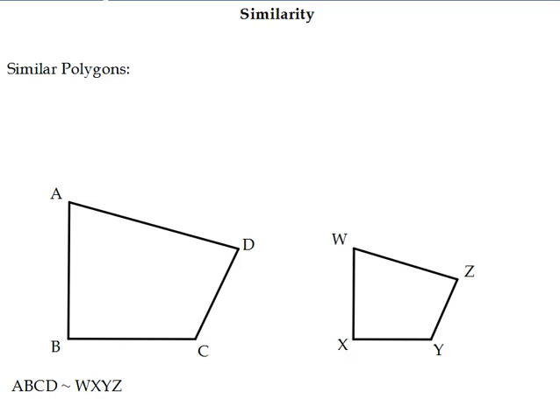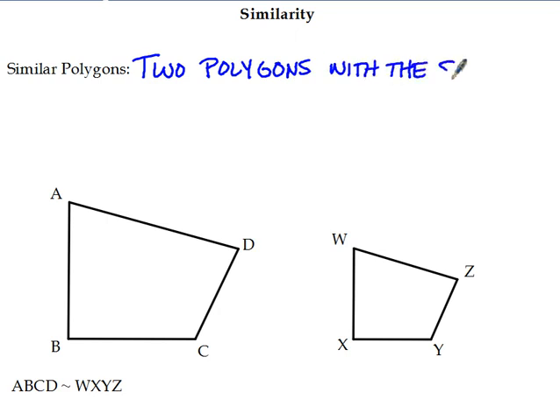So in the last test, we talked about congruent polygons, where they were exactly the same size and the same shape. Similar polygons are two polygons with the same shape but different sizes.